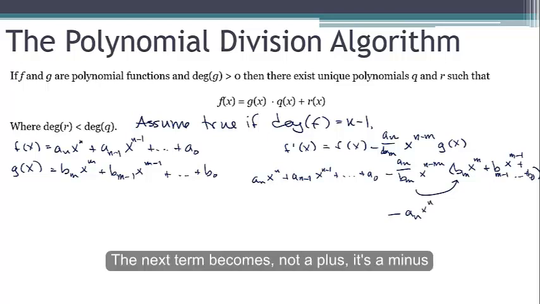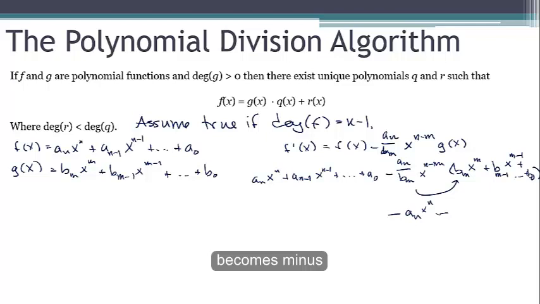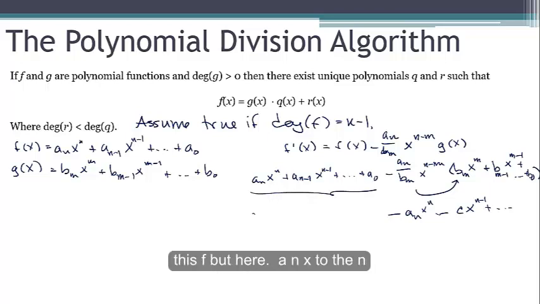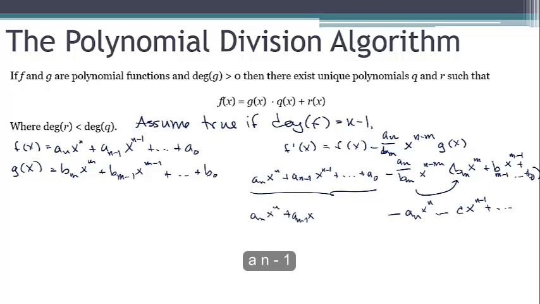Right, and the next term becomes, sorry, it's not a plus, it's going to be minus. It becomes minus a sub n, it becomes some new constant, right? Call it c, x to the n minus 1, plus a bunch of other stuff, and I really don't care so much about the details there. Now, I still have all of this f bit here, a sub n, x to the n, a sub n minus 1, and so on.